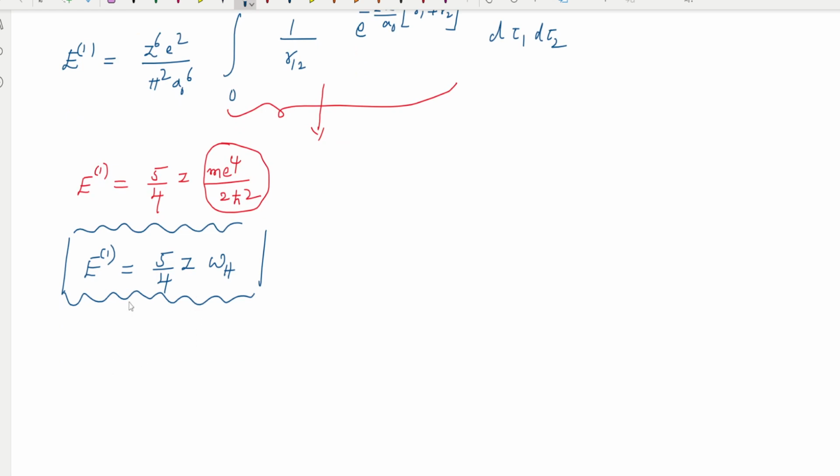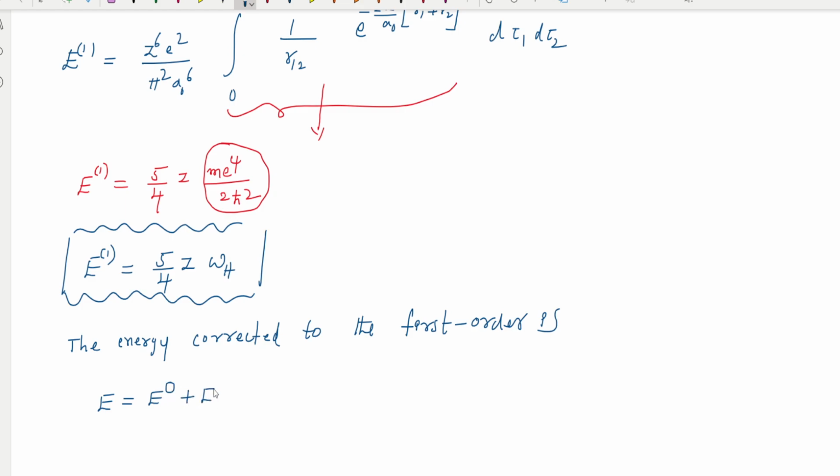Now it is time to arrange the correction. The energy corrected to the first order is the total energy of the Hamiltonian system: unperturbed energy plus first order correction energy.